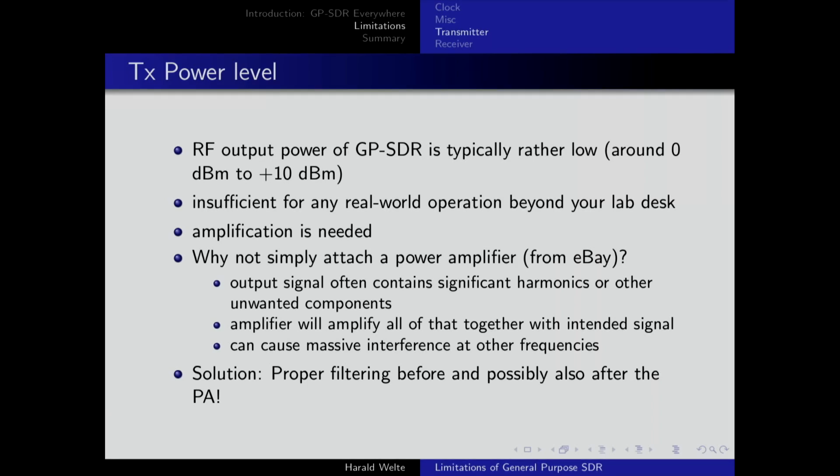Well, the output signal of your SDR already contains normally quite a significant amount of harmonics. That's basically, you know, twice, thrice, 4 times, and so on, the frequency that you're transmitting. And if you just put an amplifier behind that, the amplifier will also amplify all those harmonics. So you normally want to put proper filtering before and, if necessary, also after the amplifier.